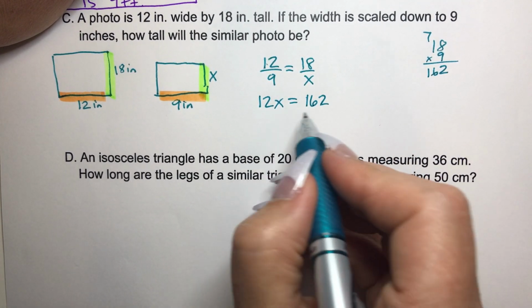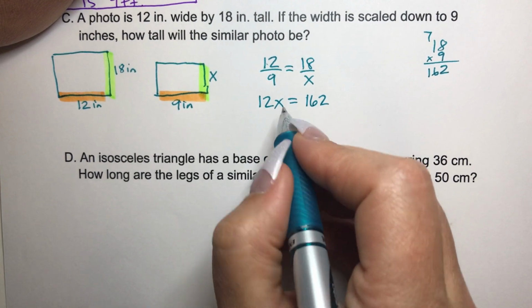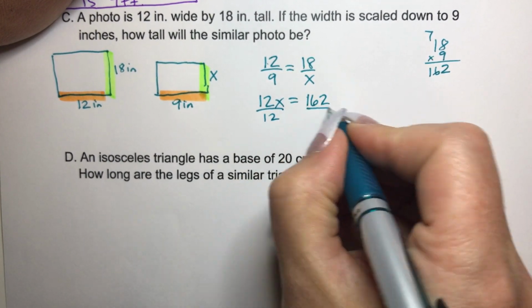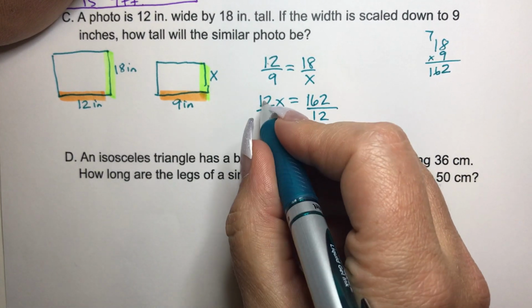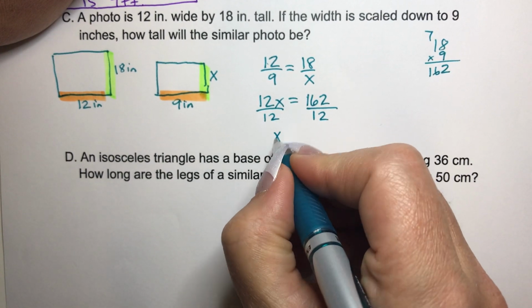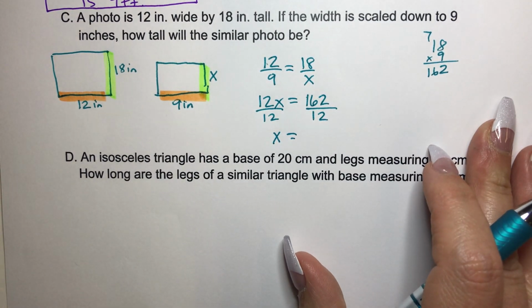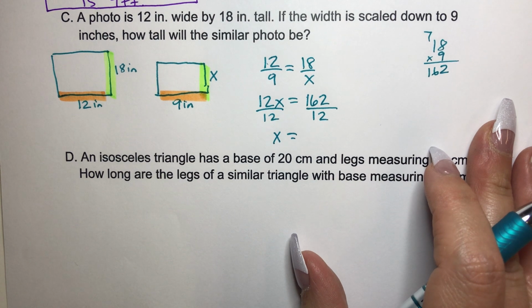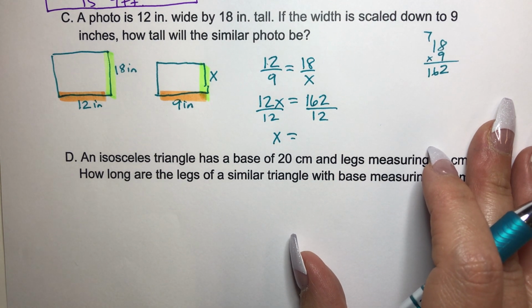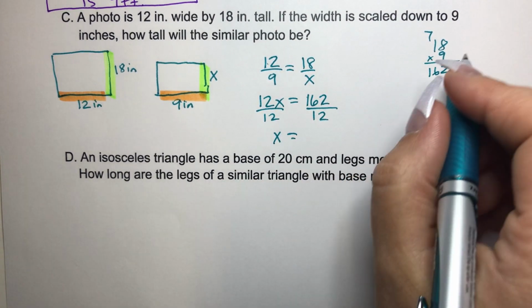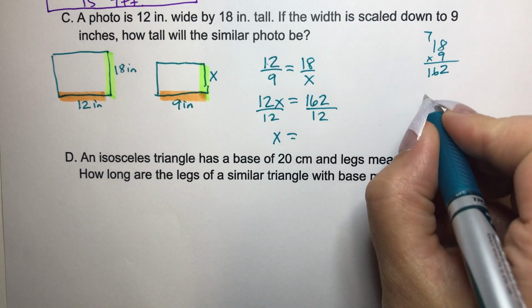That looks right. And then we are going to get x by itself, so divide both sides by 12. 12 divided by 12 is 1. We're left with x. Let's see here. Okay, so 12 goes into 162 how many times?